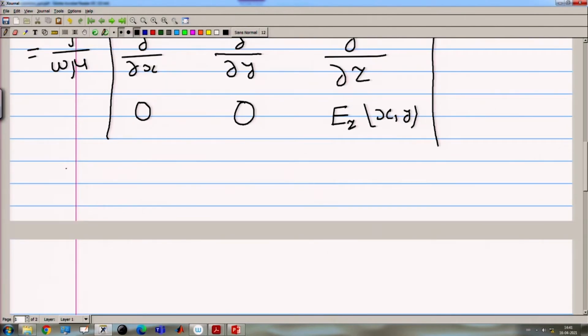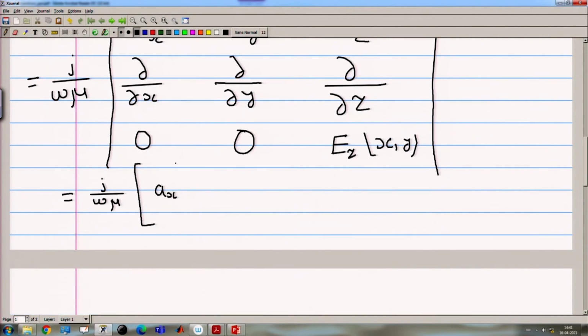So, this will be equal to j divided by omega mu, x will be common.